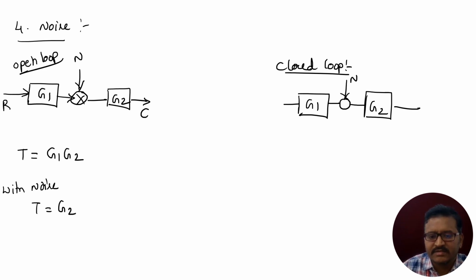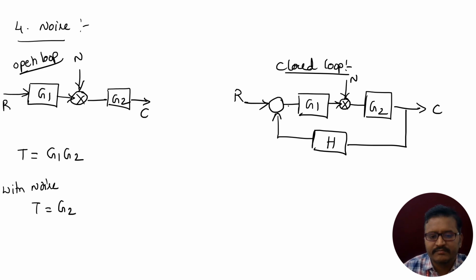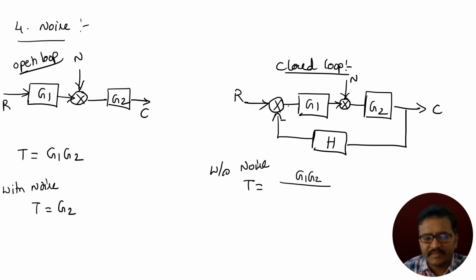So here comes the noise, and this is the error detector. This is given to H. This is the controlled output, and this is the reference input. Consider a negative feedback only. Without noise, the gain is G1 G2 by 1 plus G1 G2 H.